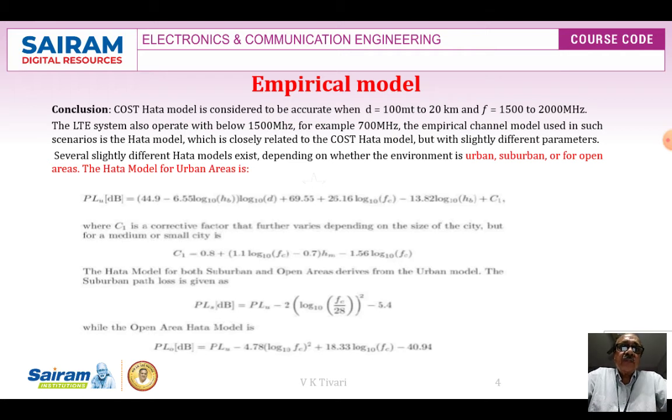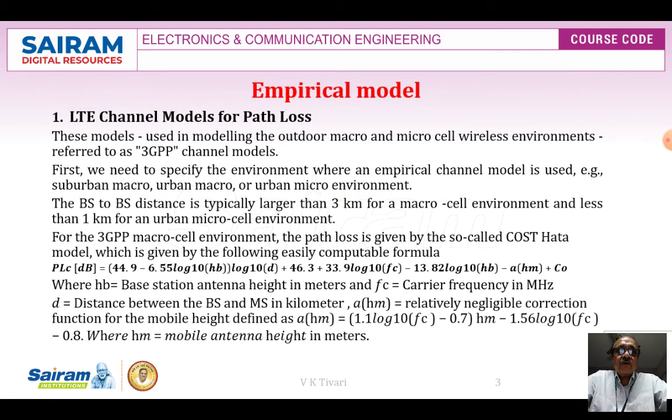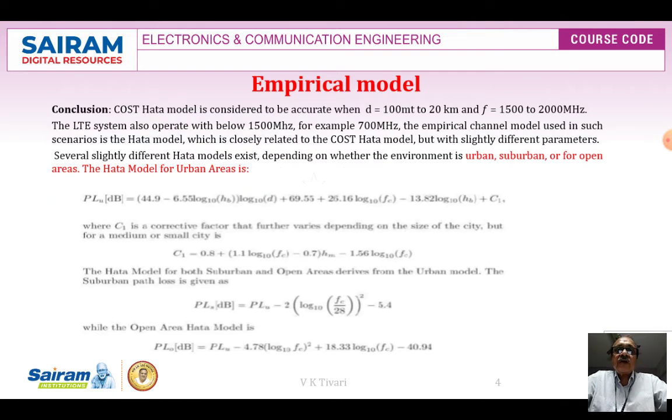So the empirical model can also be used in such scenarios, in the Hata model. We discussed this for about 1500 to 2100 megahertz, where the frequency loss is more, and how it affects the environment function. Also for frequencies less than 700 megahertz.